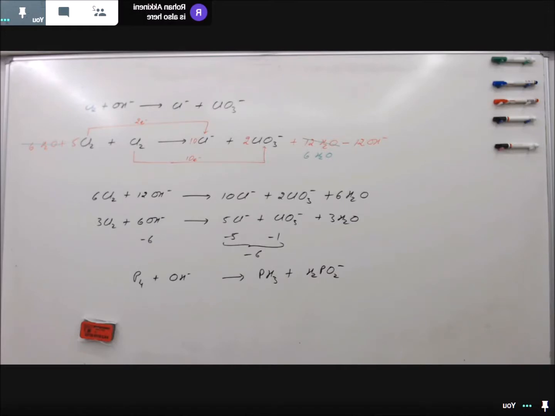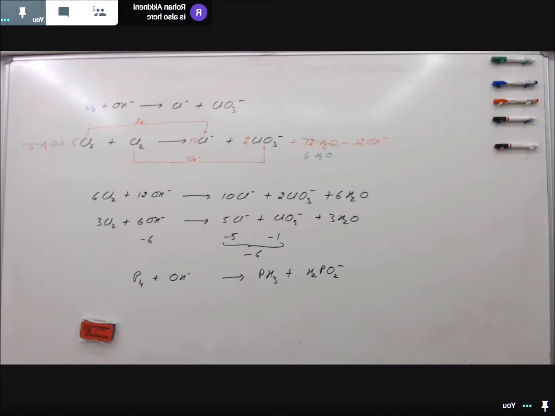How could it be? You have on the left hand side 4 P4, that means 16 P. So you haven't balanced phosphorus as yet. You have to first of all balance phosphorus, then only anything else would be balanced. Okay, do it again.